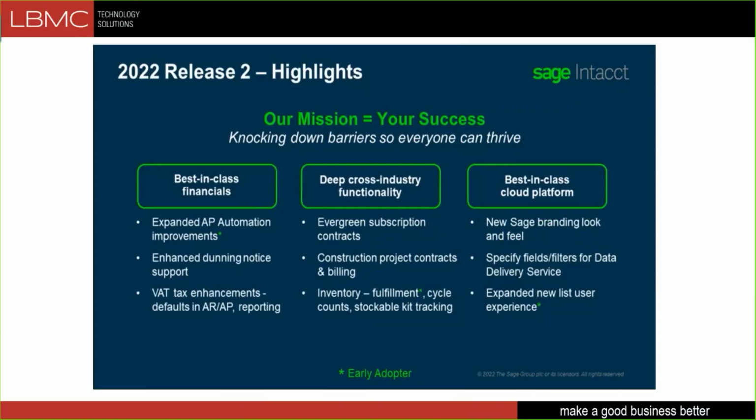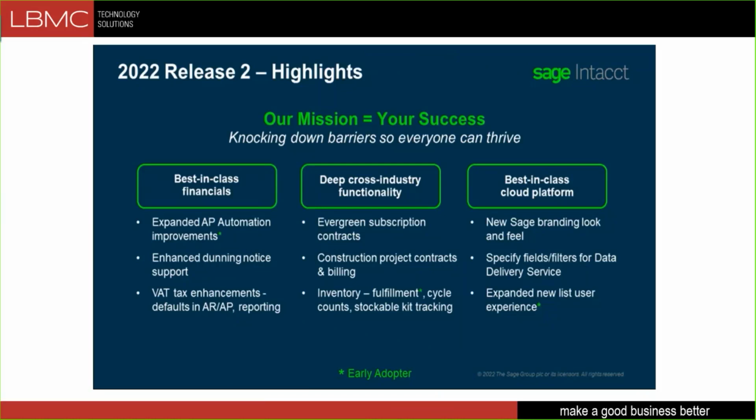They have enhanced dunning notice support in AR, and they have also made some improvements in the tax area, specifically for international clients. The second focus area is on deep cross-industry functionality. In this, they are improving the functionality of contracts, construction, and inventory. And I will dive into each of these.